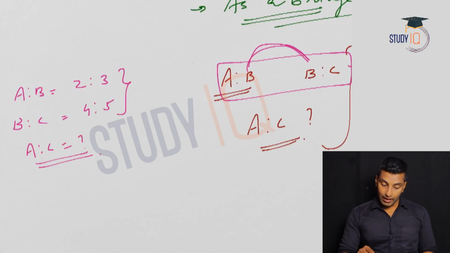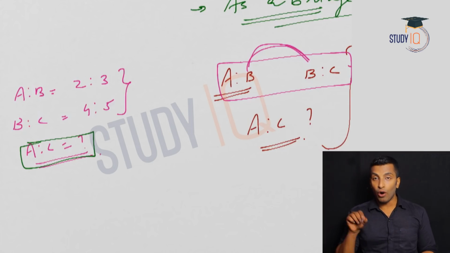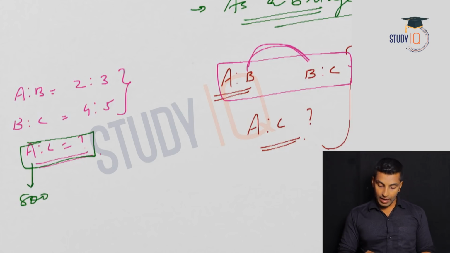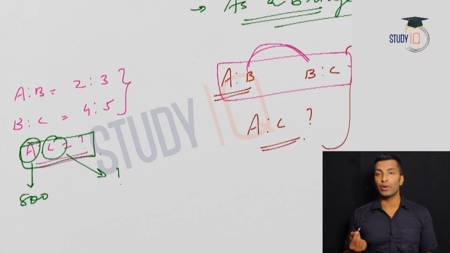So now you may be asked to find out the ratio, or like what we have seen in case of mixtures and alligation, where you will get the ratio when you do that cross thing, right? And then one of them will be given, like A will be given as, let's say, something like 800, okay? So A salary is given as 800, and then they will ask you C salary, they will not ask you the ratio.